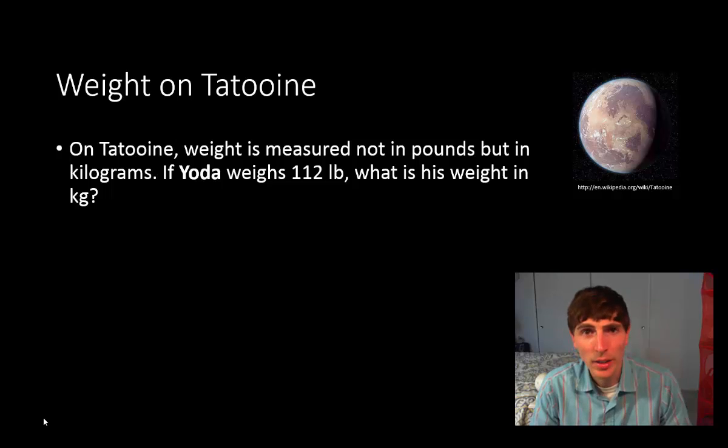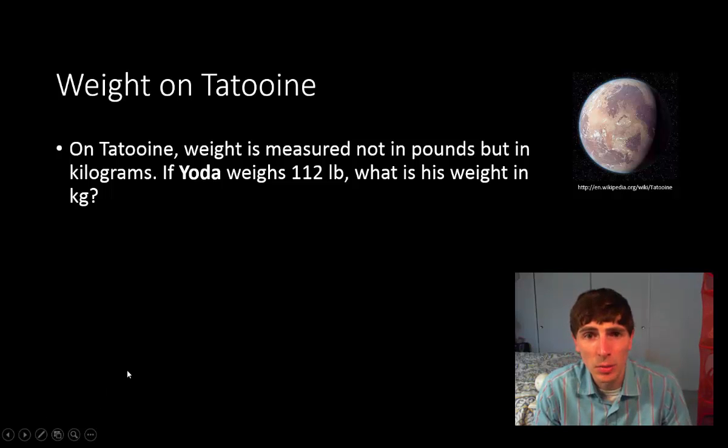So what Yoda did is he would go and look on a chart very much like the one you have, and he would find an equivalent statement, or a statement of equality, for pounds and kilograms. How are they related to each other? This is where we're going to need an equivalent statement from some kind of chart.